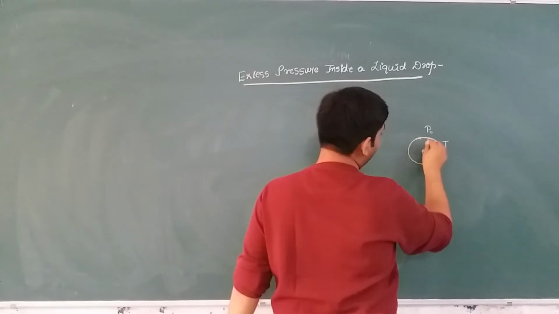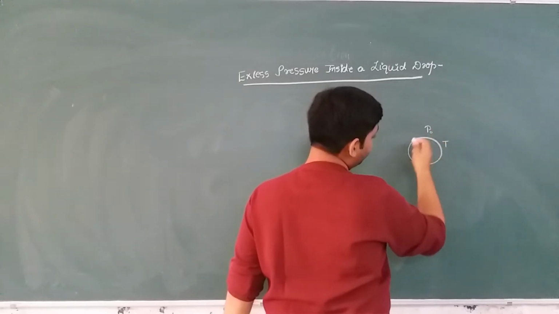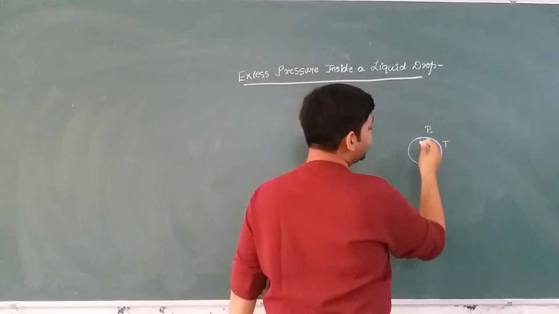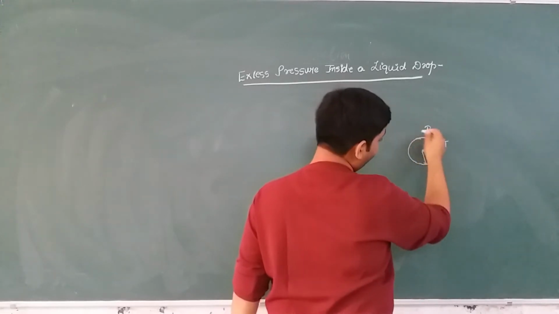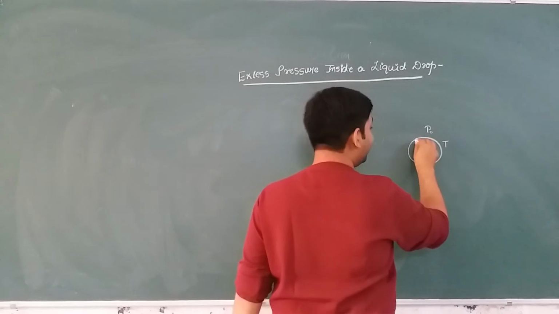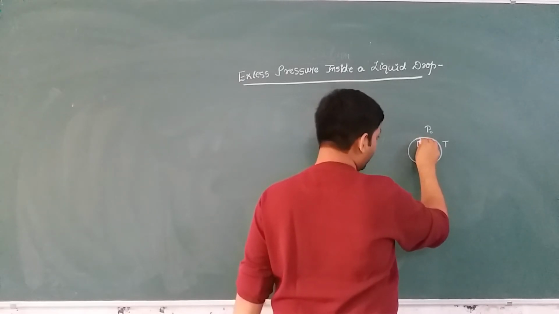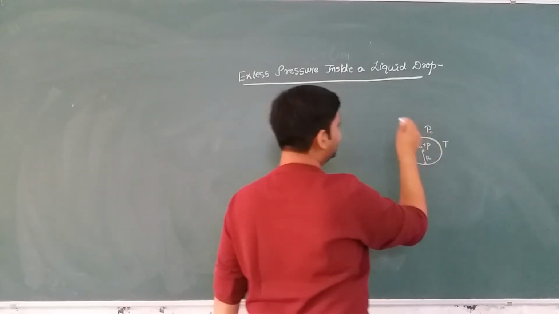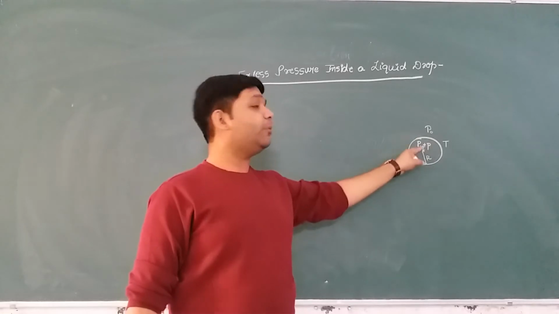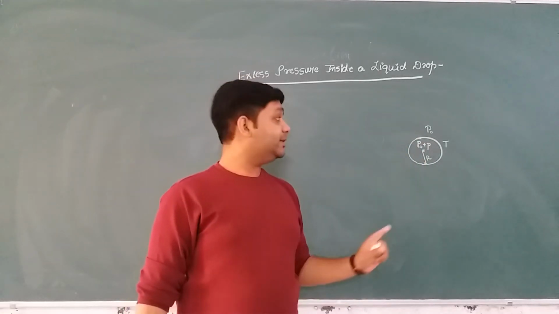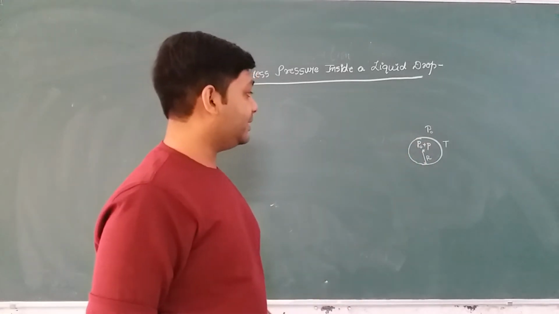Then what should be the value of pressure inside the liquid drop? The pressure inside should be greater than the pressure outside for the equilibrium of the surface. So let's say the pressure inside the liquid drop is P naught plus small p, and this small p is the value of excess pressure inside a liquid drop which we need to calculate.